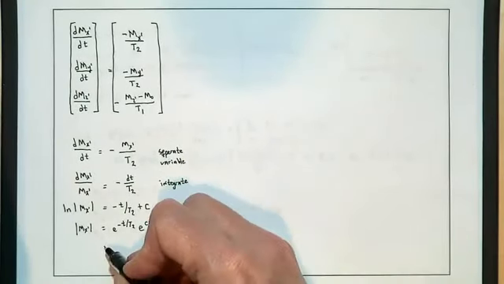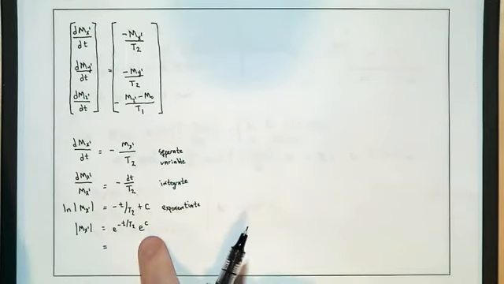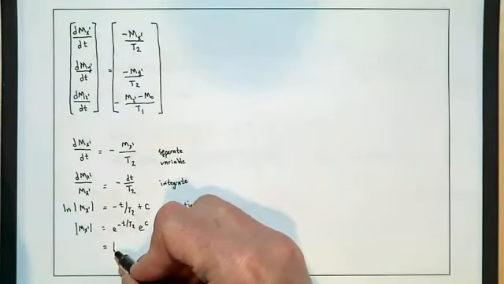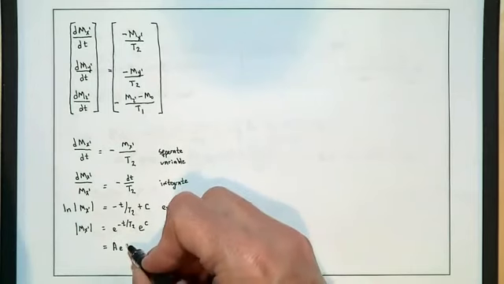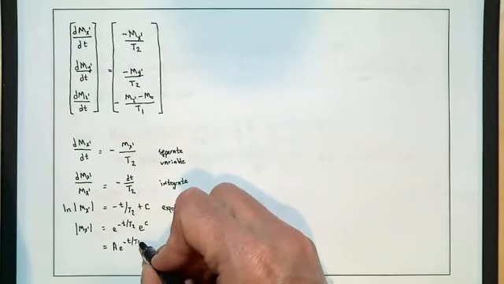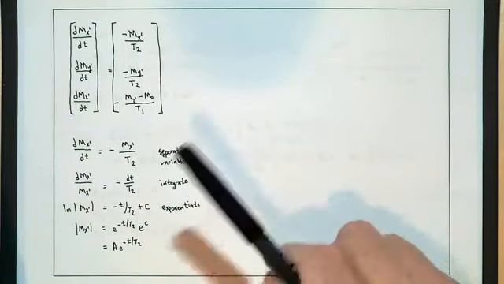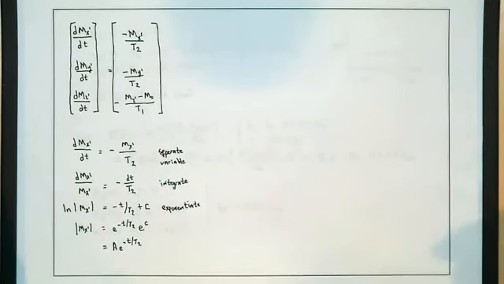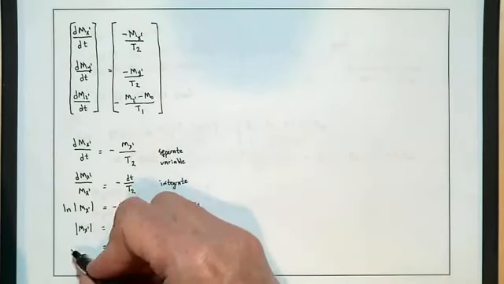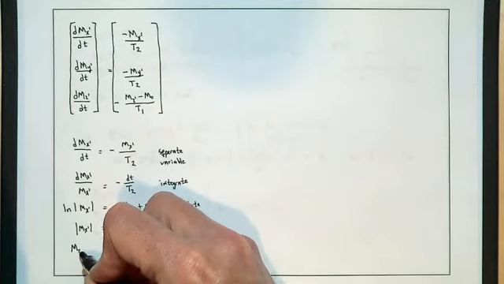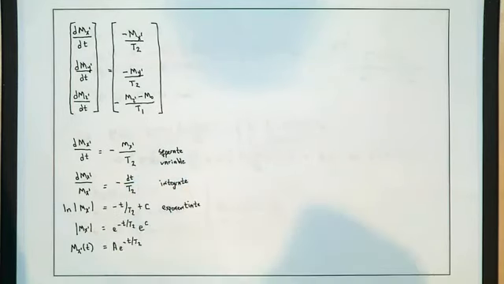This e to the c is a constant, so we'll just put it out front as an a. So we have a times e to the minus t over T2. Oftentimes, at least at this point, we're just talking about time being positive. There are different ways to describe it, but we'll just say that that is, in fact, the solution to mx as a function of time. We don't worry about the absolute value because we're just talking about positive times anyway.